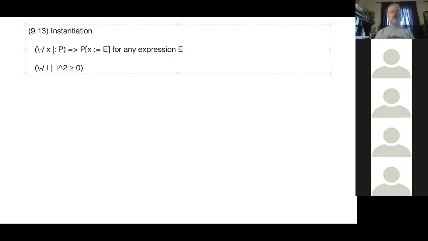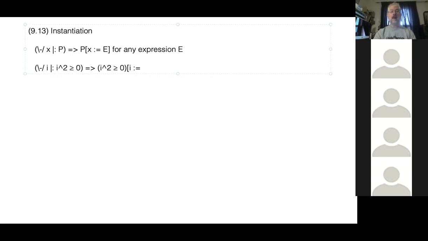So even if i is negative, if you square it, you get a non-negative value. So that would let us say that i squared at least 0 is true for i replaced by anything that's a reasonable real valued thing.